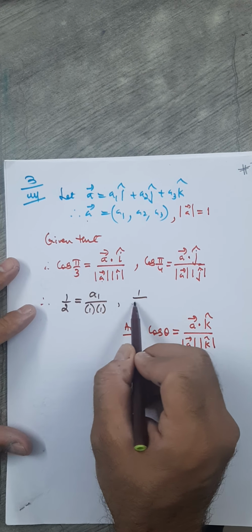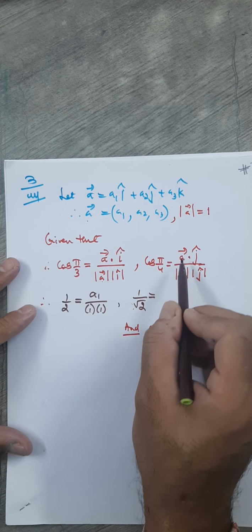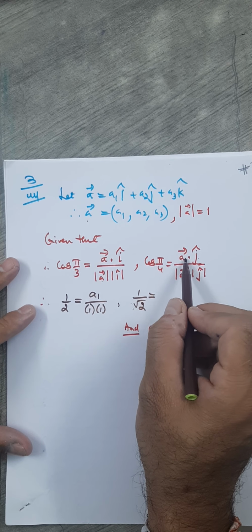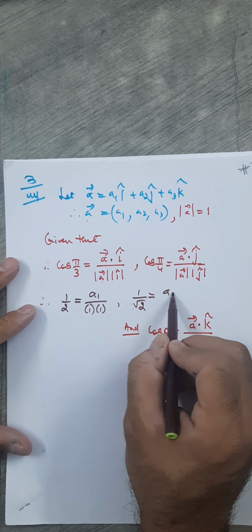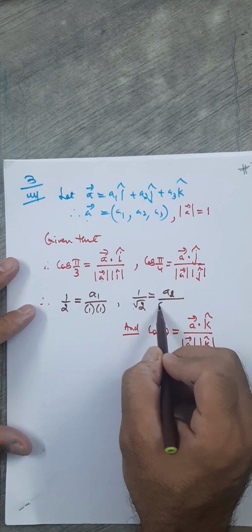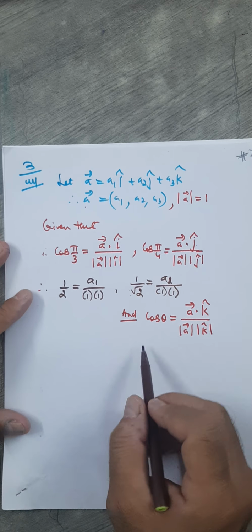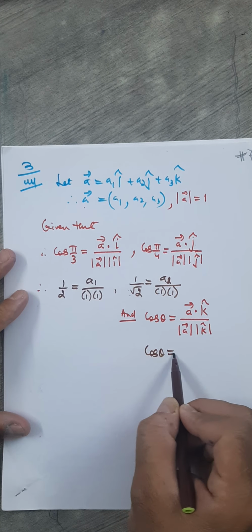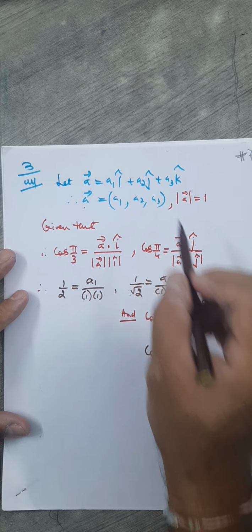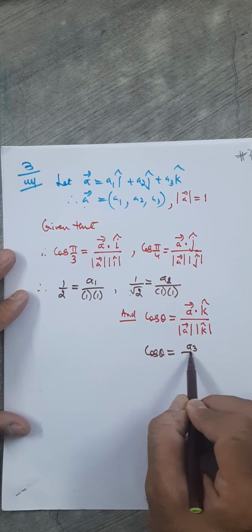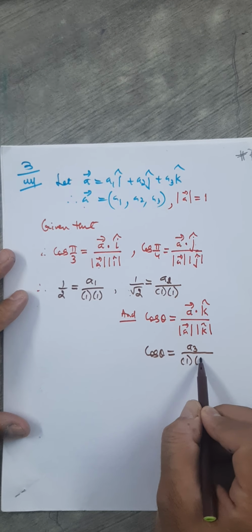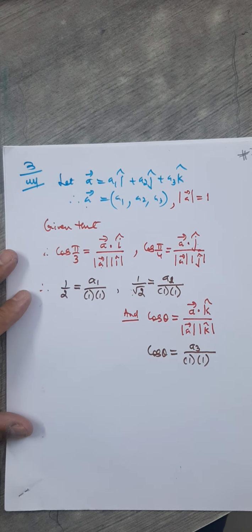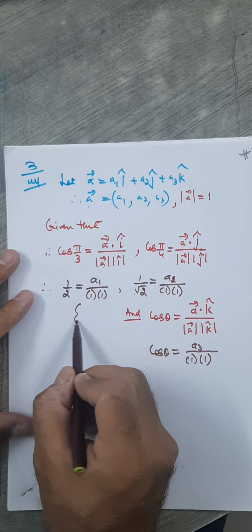What's cos pi by 4? 1 by root 2. Dot product with this, here what will you get? Just A2, upon, this is 1, this is also 1. What about this? Cosine theta equals the dot product with k cap. So we'll get just A3. This is 1, this is 1. Right? Fine.